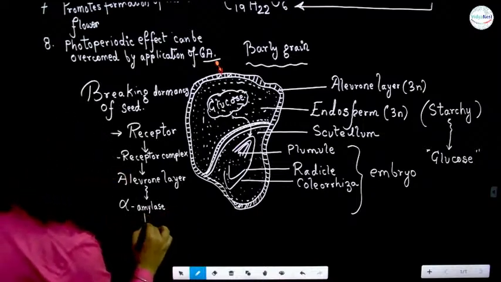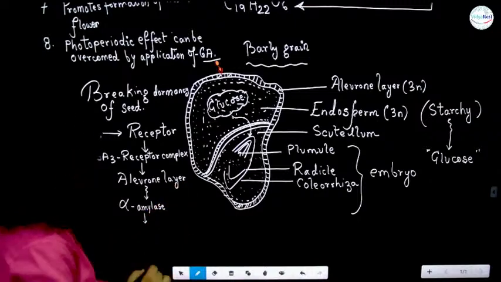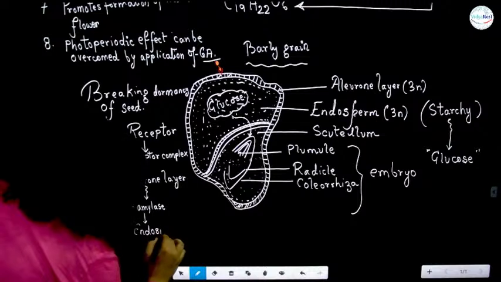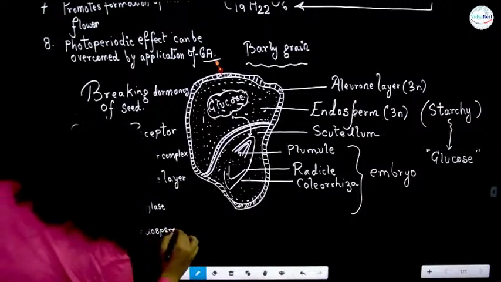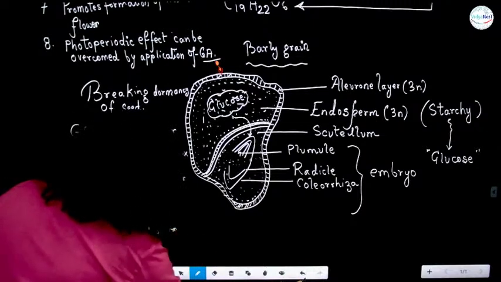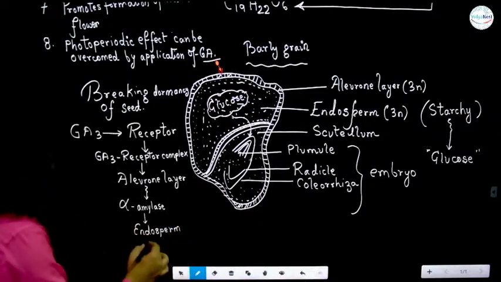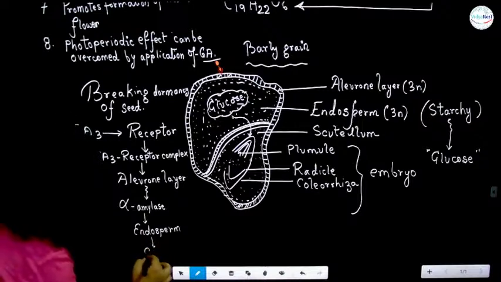Now, this alpha amylase will act on the endosperm and convert it into glucose.